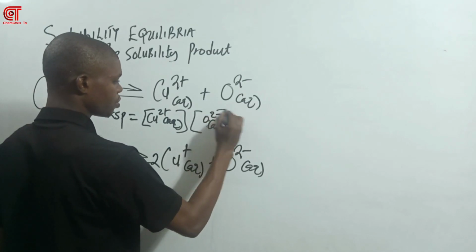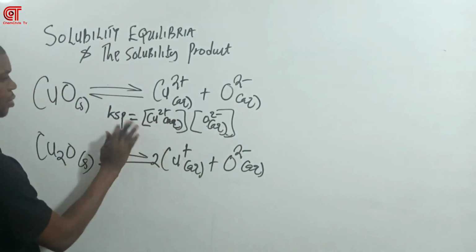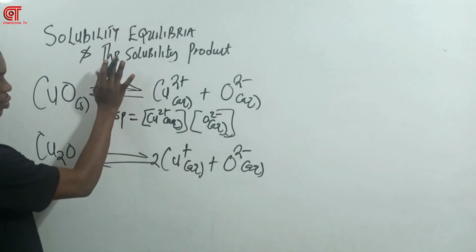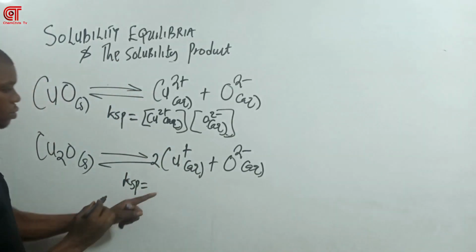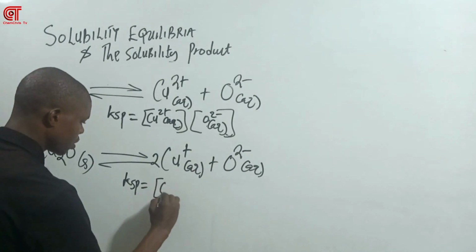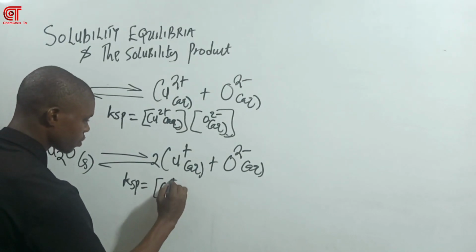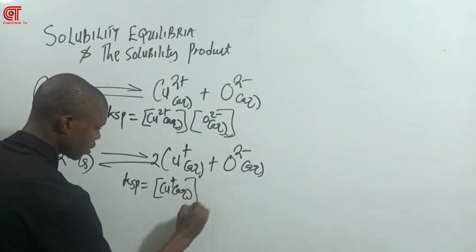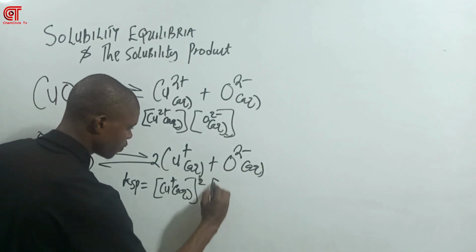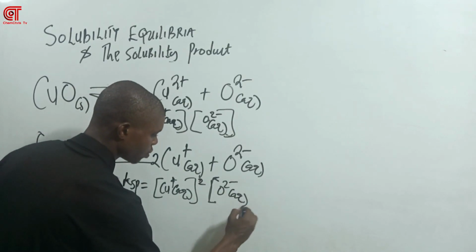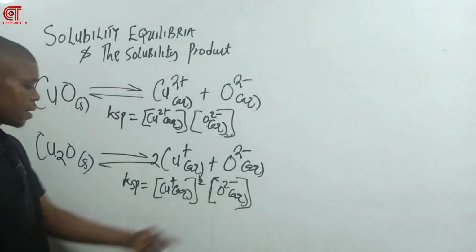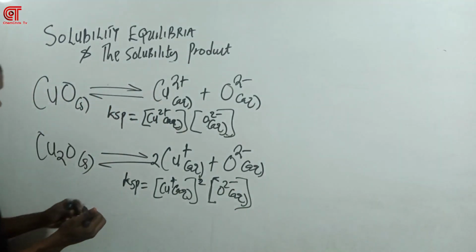So it's called the Ksp expression for this one here. Ksp equals [Cu+] squared, then here we have [O2-] aqueous. Yes, so this is the Ksp expression for this one here.